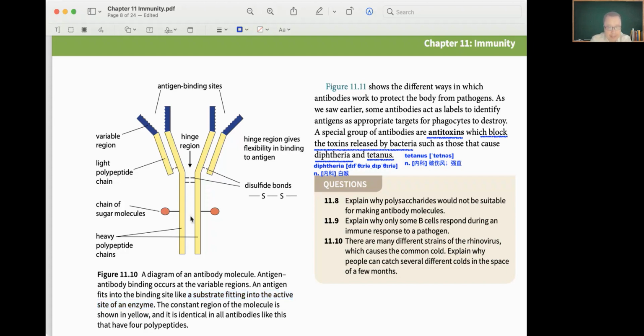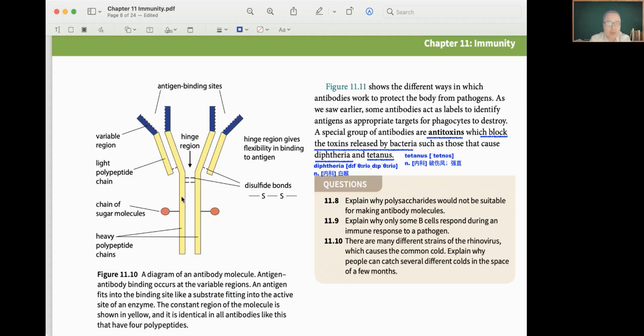Please look at the structure of the antibody molecule. As we can see, the top part of the antibody is the antigen binding sites. The yellow parts, the lower part, can be classified into two kinds.